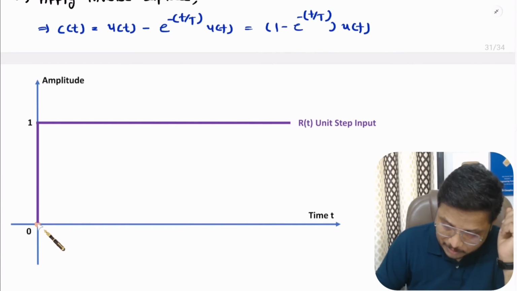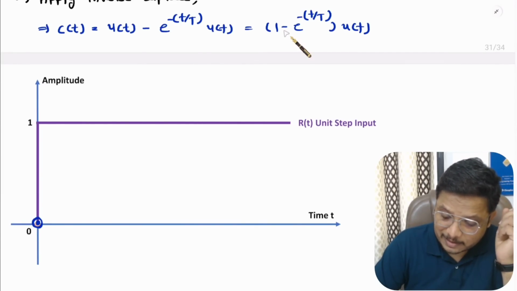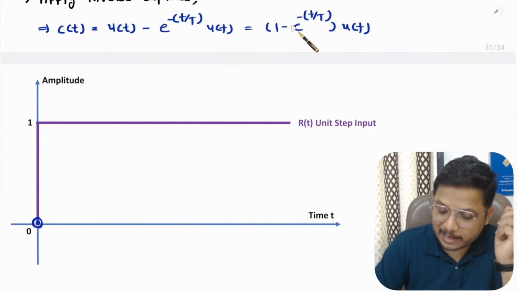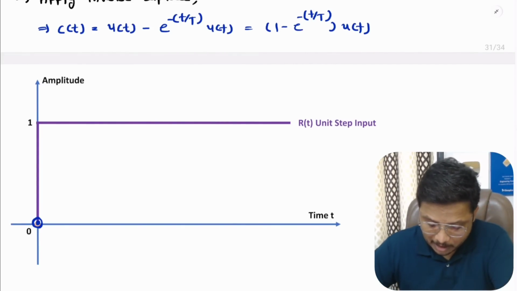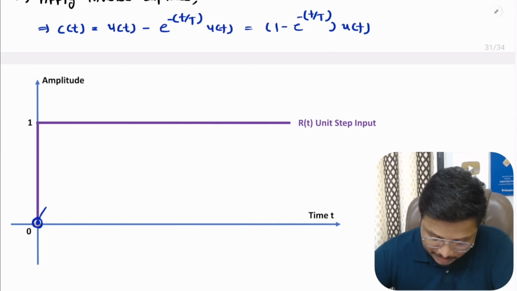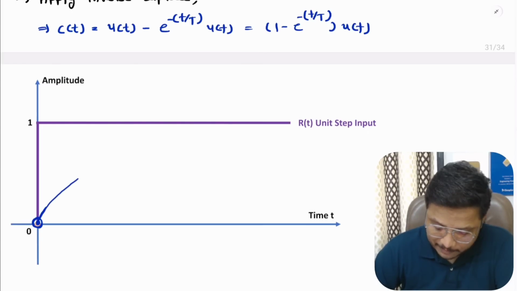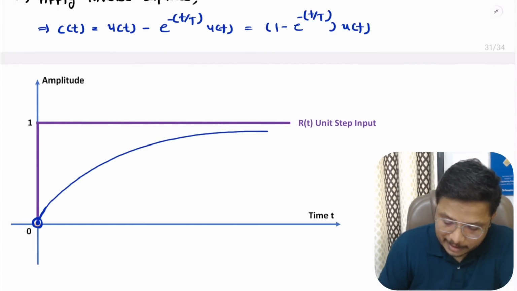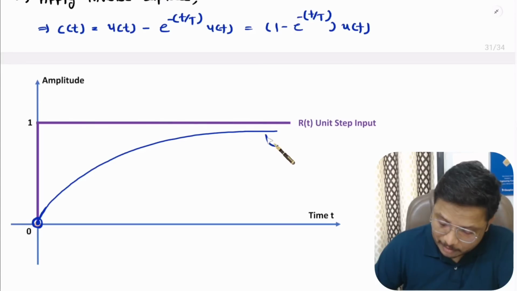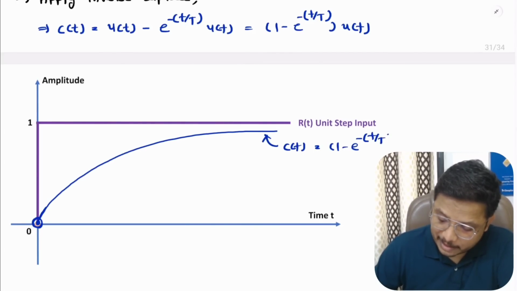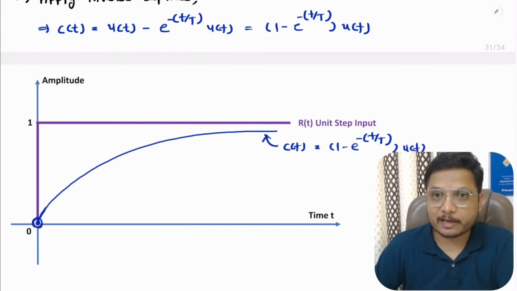So at time t equals 0, we have 0 at the output, and as time increases, 1 minus something that is decreasing means your output will increase exponentially. You can observe it will increase somewhat like this, right? So this is our output, c(t), that is (1 minus e to the power minus t by capital T) of u(t), right?